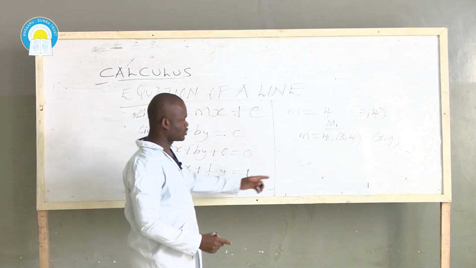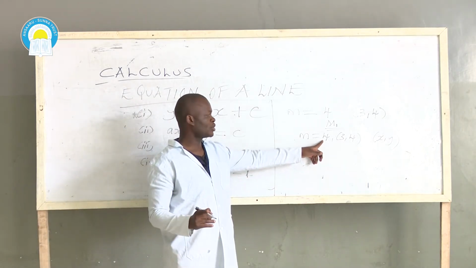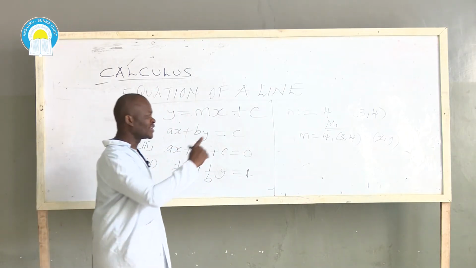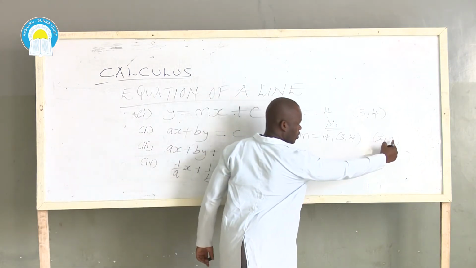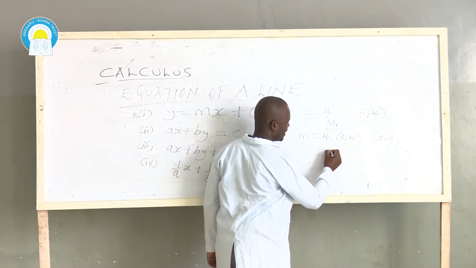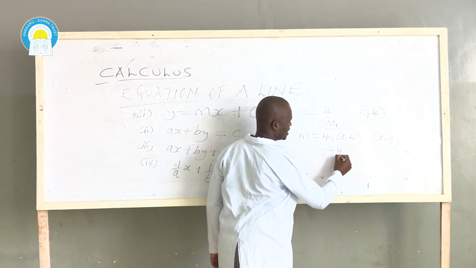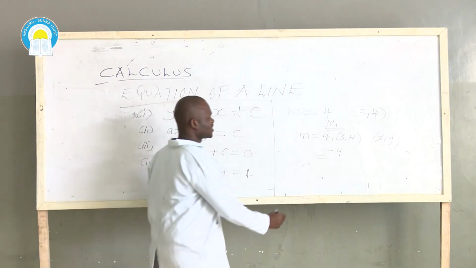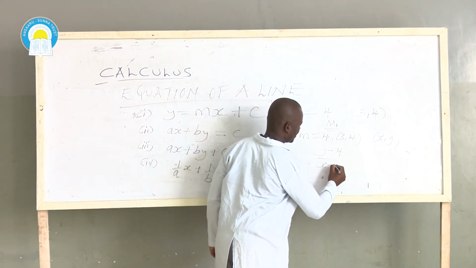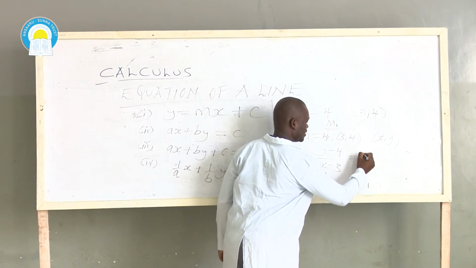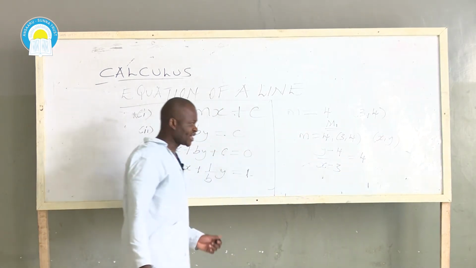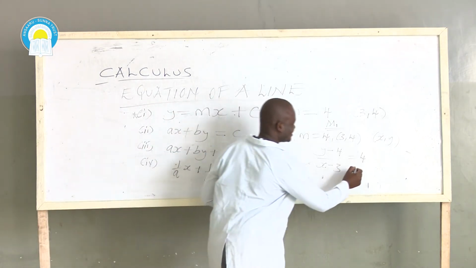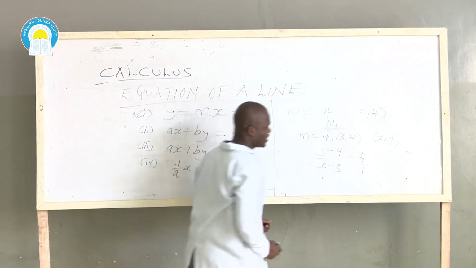Now recall that to get the gradient, we divide the change in y by the change in x. The change in y in this case will be given by y minus 4. Then the change in x is x minus 3. And then equate this to the gradient, which is 4, which can be written as 4 over 1.